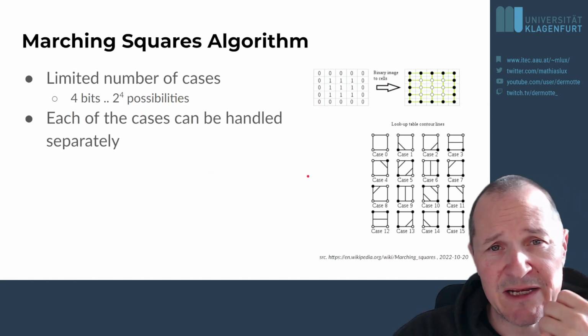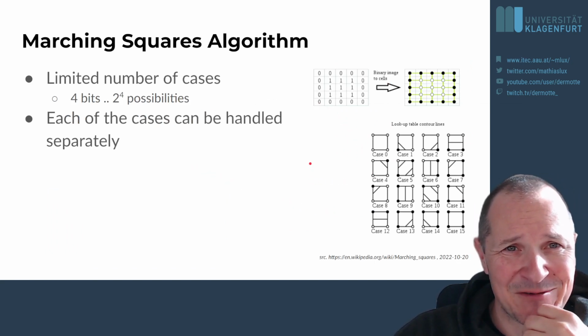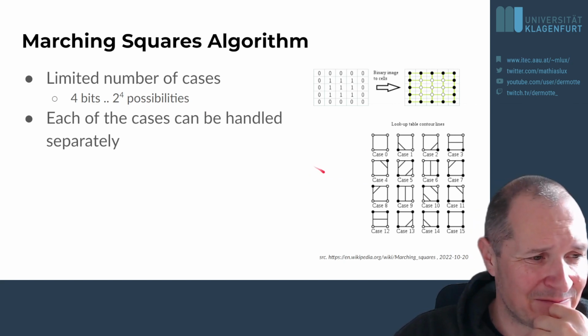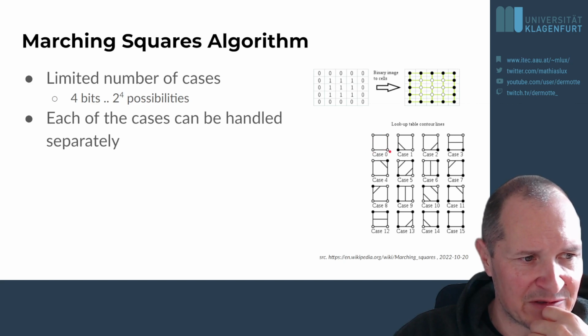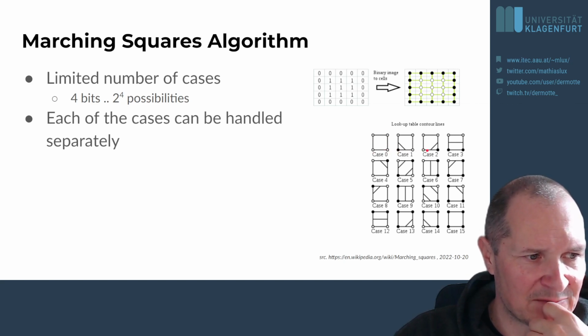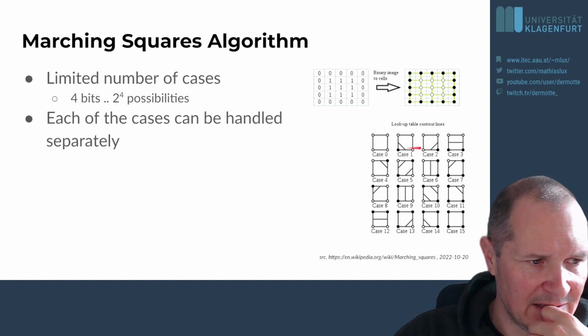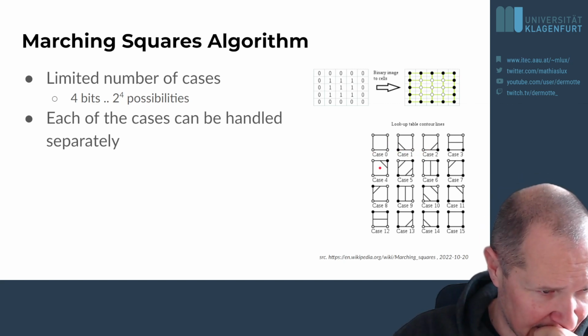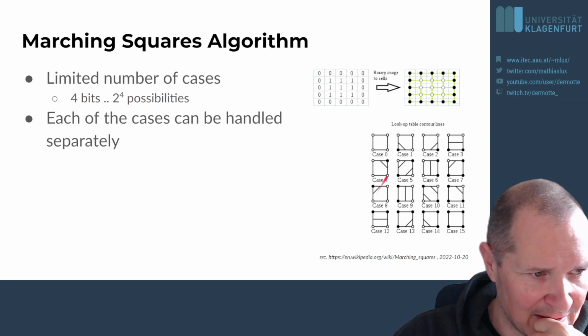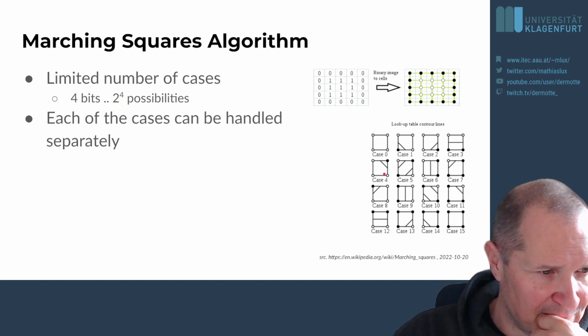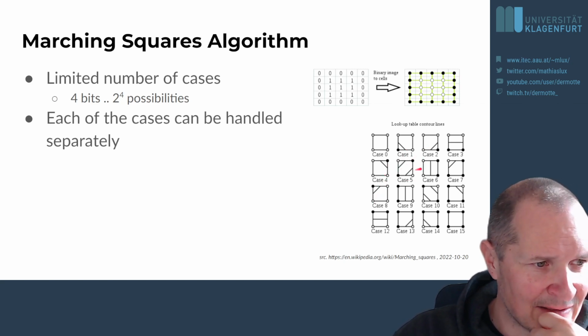For the binary version, we only have a certain amount of possibilities. There would be case 0, where all of them are 0, and case 1, where this one is 1, and this occurs 4 times, like here, here, here, and once more here. So 1, 2, 4, and 8 are rotated.